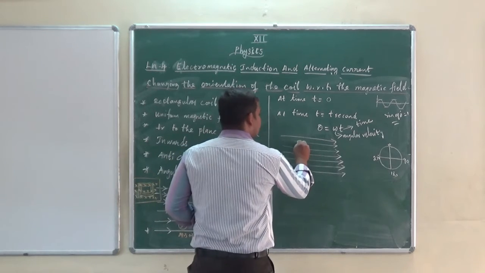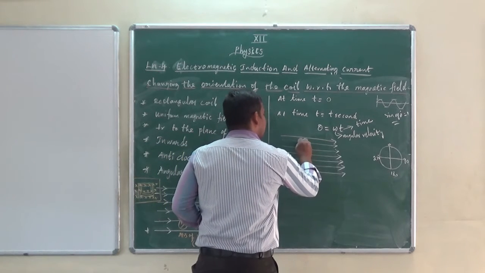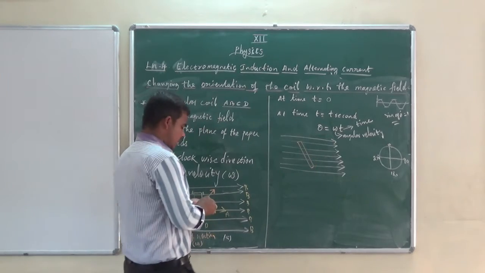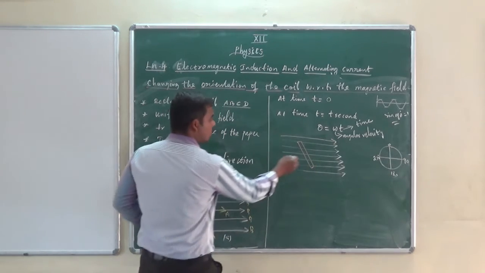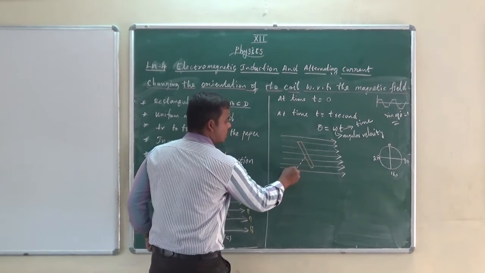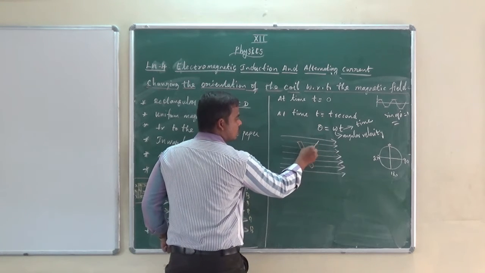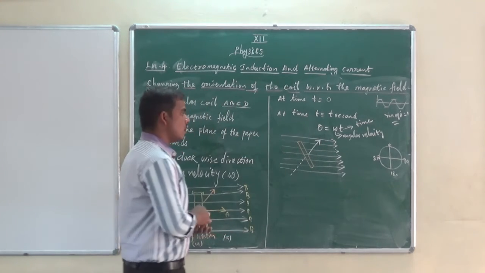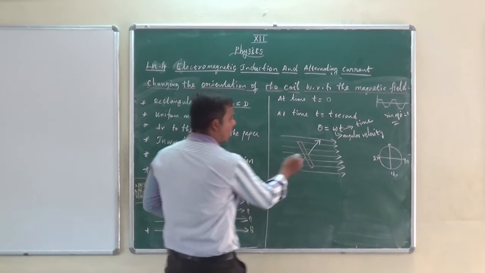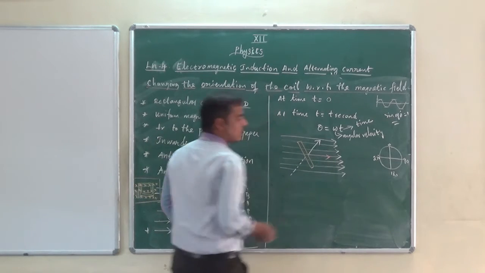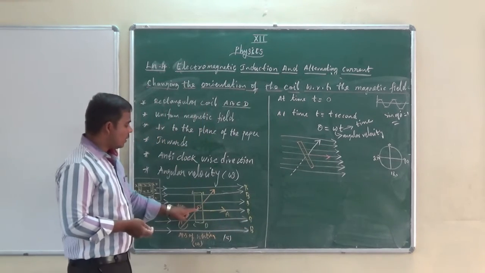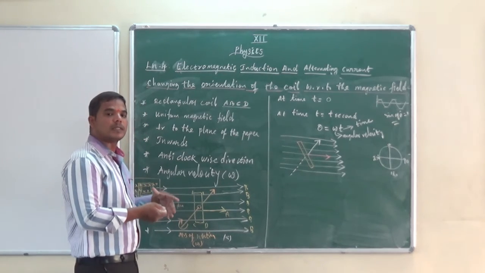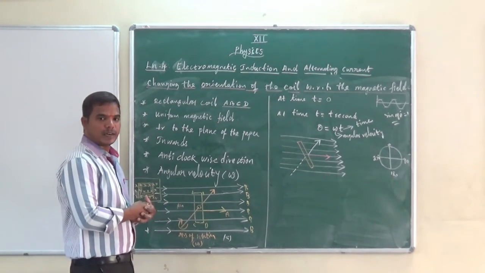The coil, next, the axis of rotation. And next, when the coil is in the area, see the diagram: the area of the coil and the magnetic field are parallel to each other.